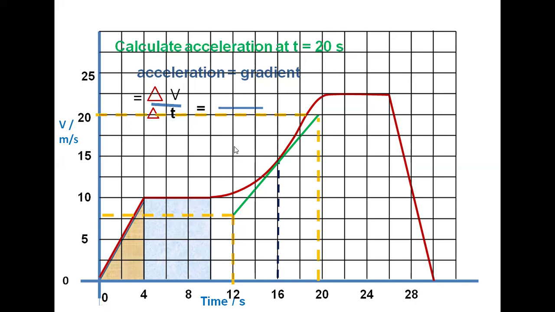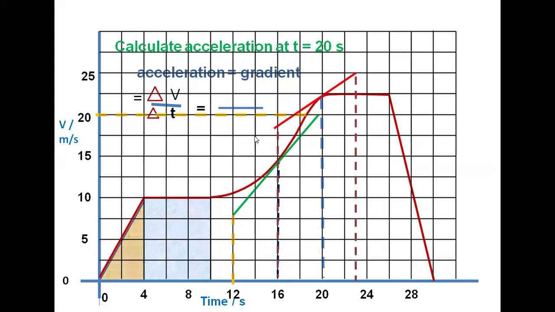Now, acceleration at t equals 20 seconds. So where is t equals 20? This. Here the acceleration is decreasing, so a tangent is drawn at that point. Let us see the values of y2 and y1, x2 and x1.